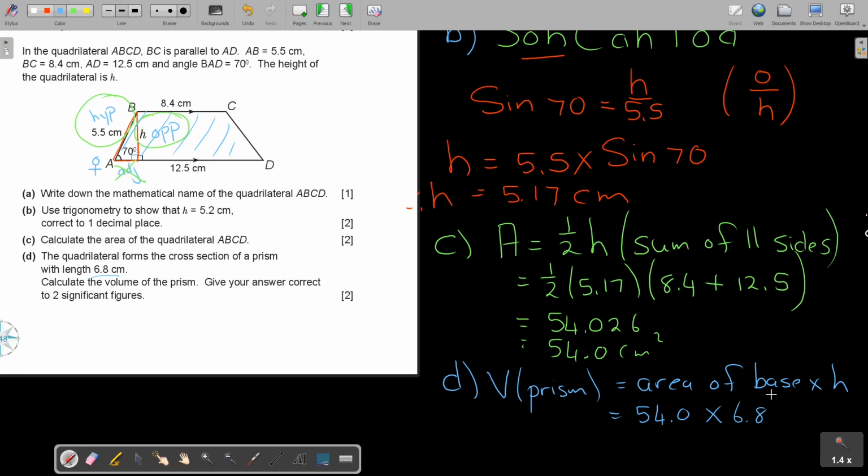and what do they tell me is the height? 6.8. And I'm basically just going to press that on the calculator, and it seems to me there's an E also, 54 times 6.8, and that is going to give me, if it's exact, 367.2. But let me see. Give your answer correct to 2.